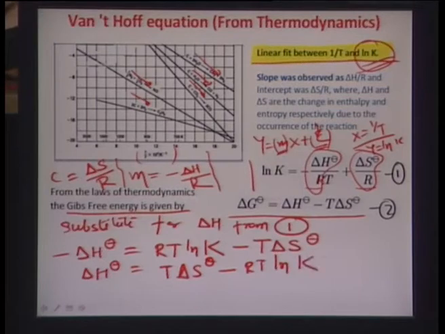Let us say this equation is another representation of 1, and it can be represented as 3.